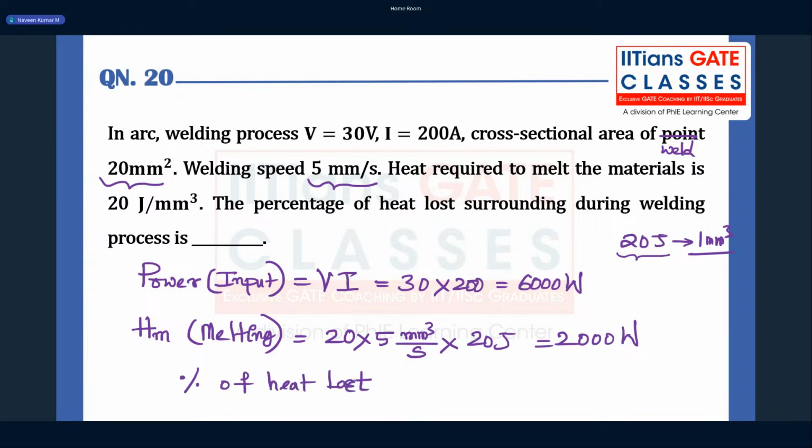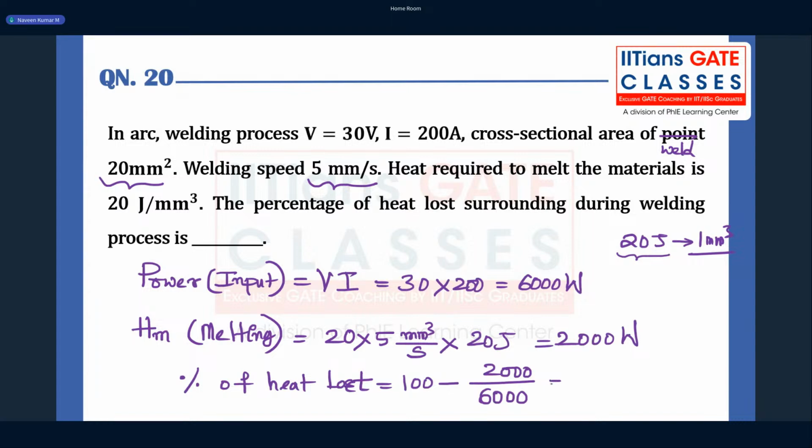Now the percentage of heat lost. Let's assume that we are providing a total of 100%. The input is 6,000, and the heat required for melting is 2000, and the rest goes for the heat loss, that is transferred outside.